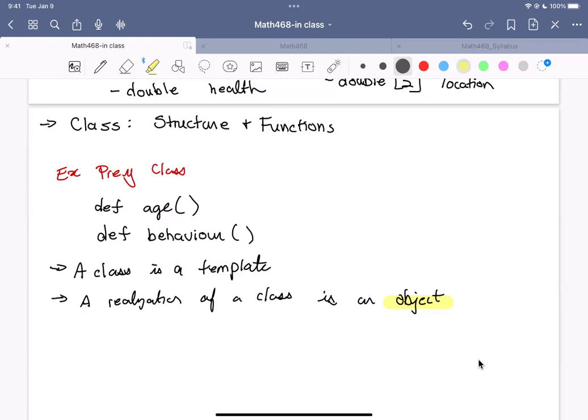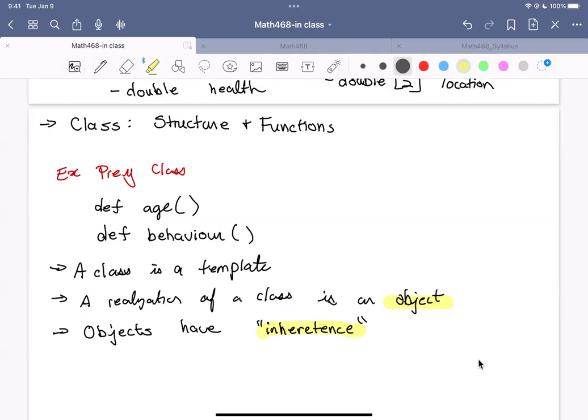But one key characteristic of objects is that they allow for the phenomenon of inheritance. And despite us being in a biology class, when I say inheritance, I do not mean that they have genes.